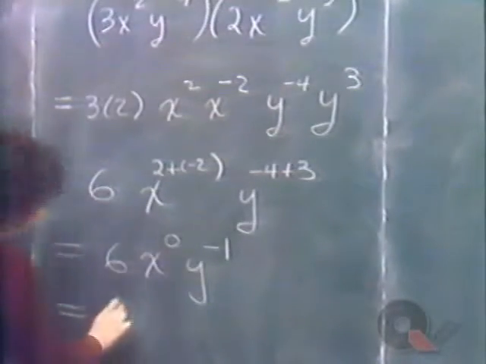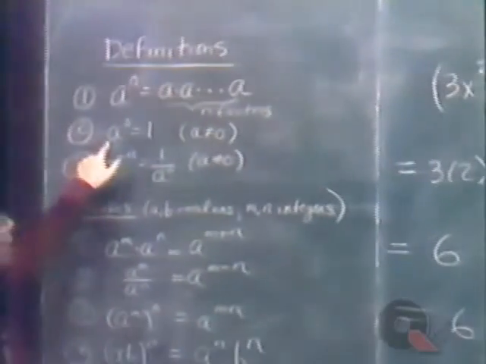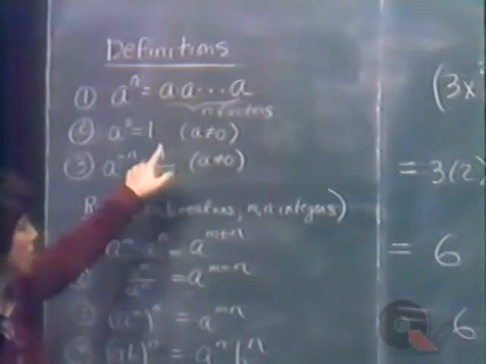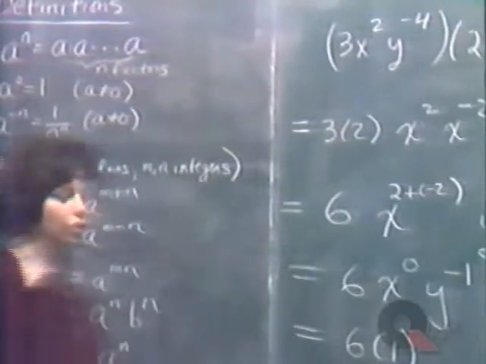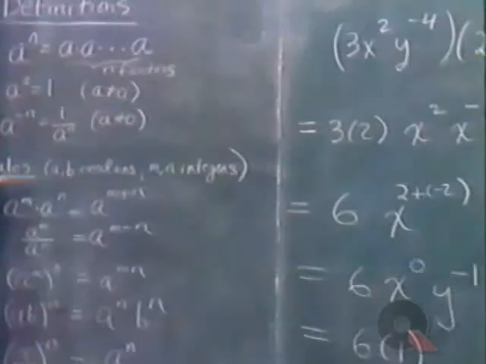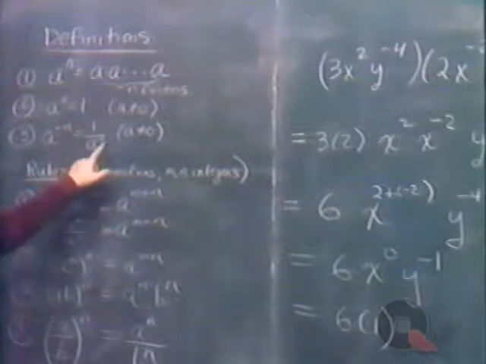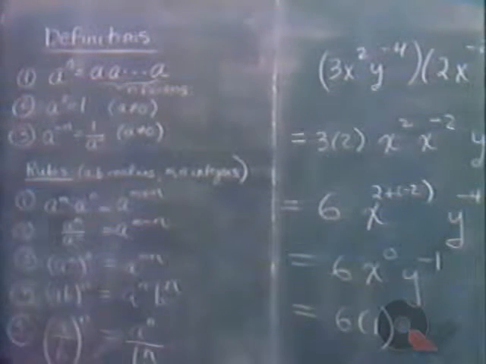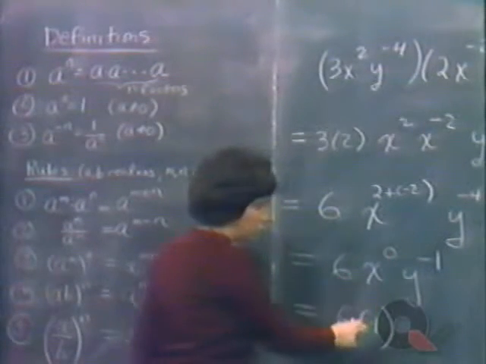Now, x to the 0, by definition number 2 here, x to the 0 is simply 1. And y to the minus 1 power is 1 over y to the first power. So we're using definitions 2 and 3. Definition 2, x to the 0 is 1.